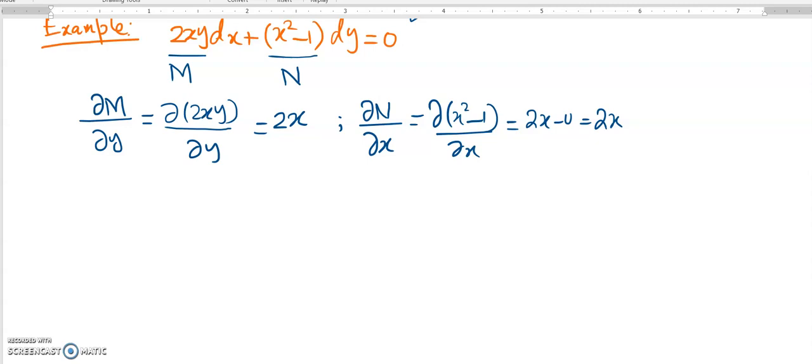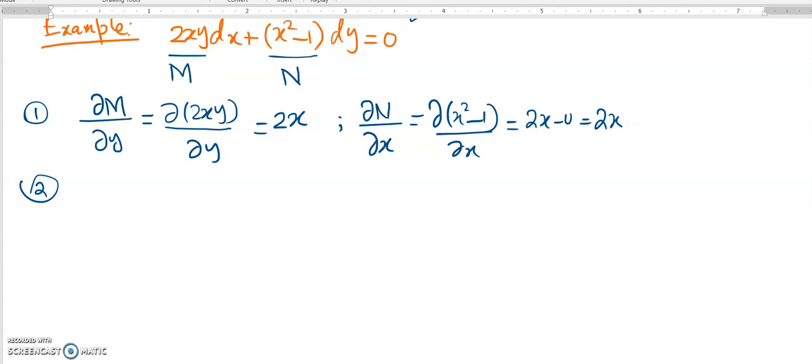When we meet this condition for the exactness of the equation, then we have a specific procedure to find the solution. Okay, so this was the first step. As a second step, now that we have identified that this equation is exact, we have to follow this procedure. Later on we will also see other examples where the equation will not be exact, and what procedure we have to follow then, but that is for another example.